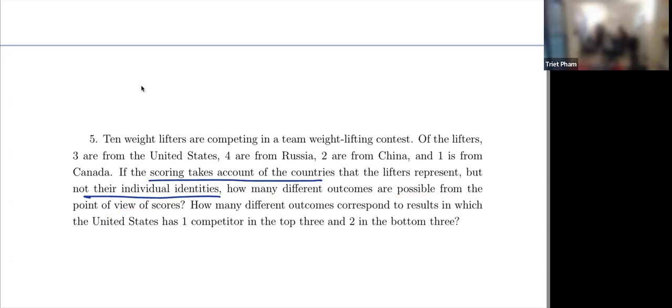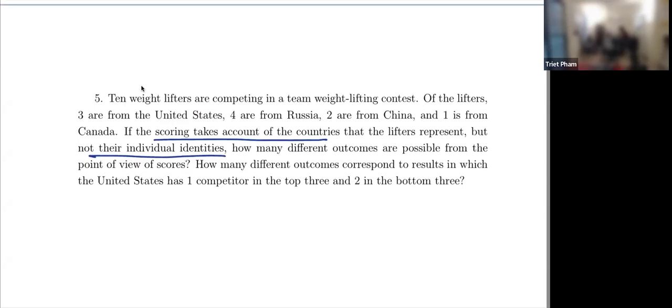Here, the outcomes would correspond to how many ways you can arrange these lifters on a line, but not distinguishing lifters from the same country.